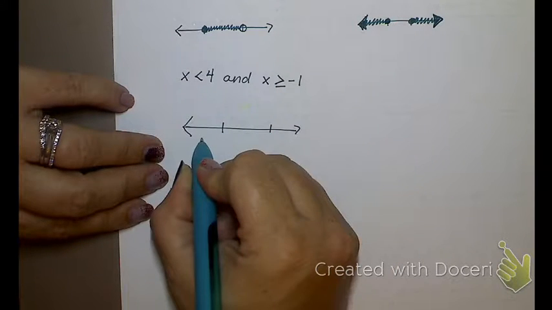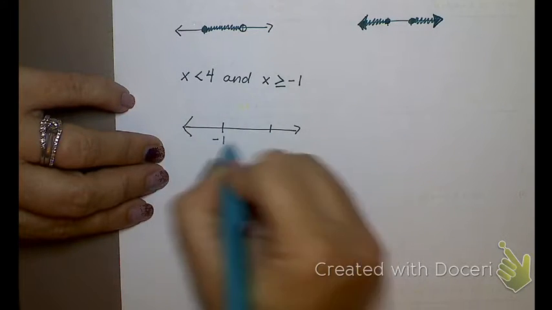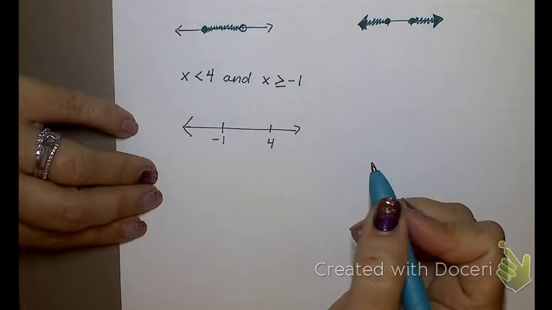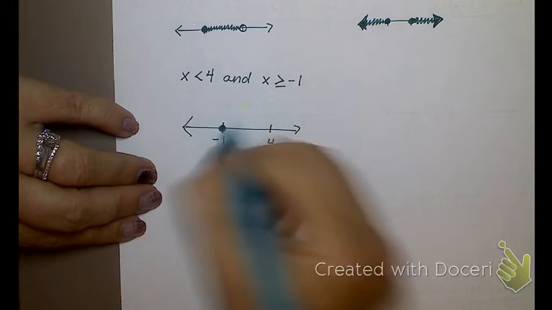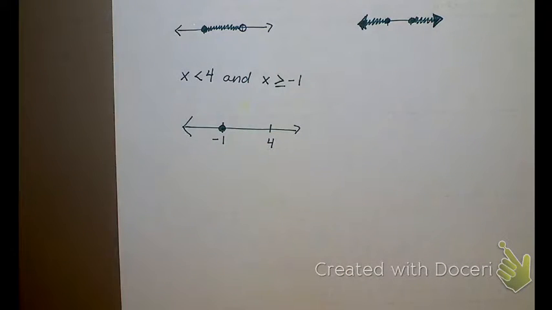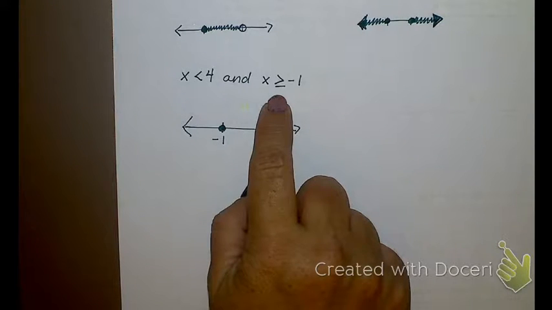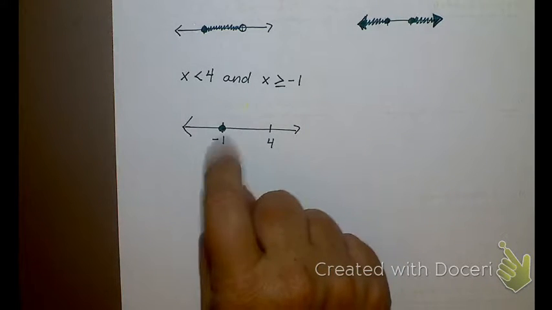Which one has to be on the left? -1. Would -1 have an open circle or a closed circle? Closed circle. And think about it this way. X is greater than or equal to -1. What direction would I shade from there?